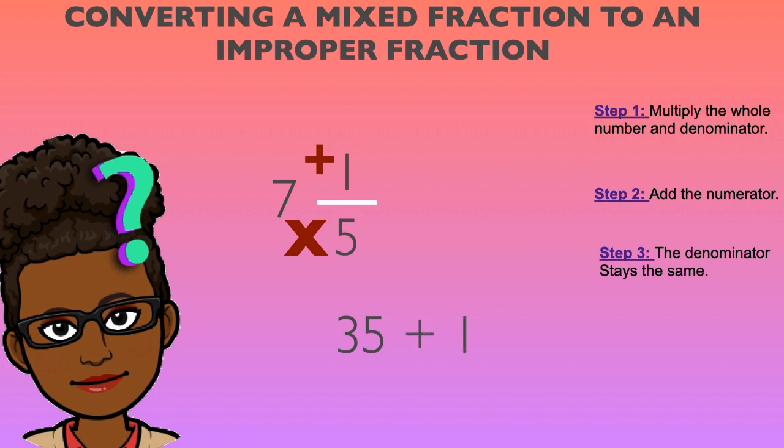When we add 1 to 35, what do we get? We should get 36. So 36 is my new numerator. Now, step 3 says the denominator stays the same. So 5 is my denominator. So 7 and 1/5 as an improper fraction is 36 fifths. This is going to help us when we multiply now by a mixed fraction.